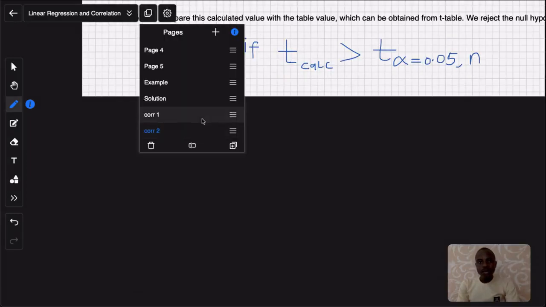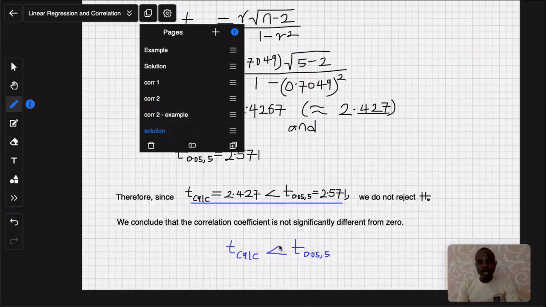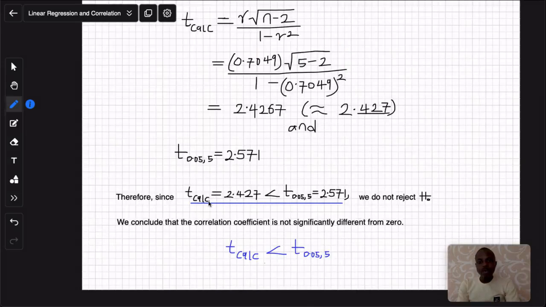So we conclude that the correlation coefficient is not significantly different from 0. That means you cannot generalize what you have obtained here on the population. You just need to stop with the sample. You cannot generalize the result you obtained here on the population.